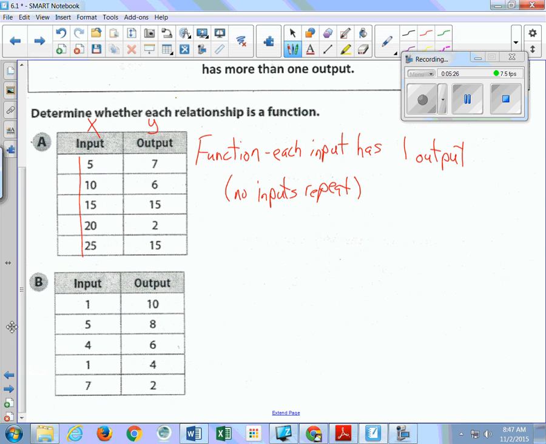Okay, on B, we'll look at any x and y, do any of these numbers repeat? See 1, does 1 repeat? Yes, right there. Does 5 repeat?